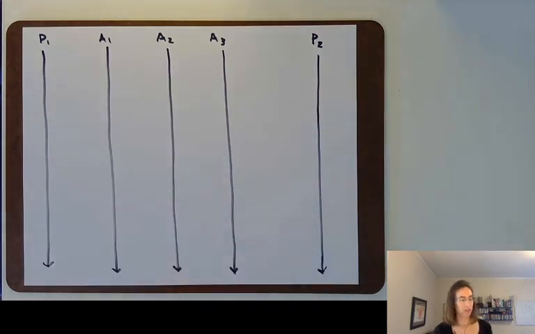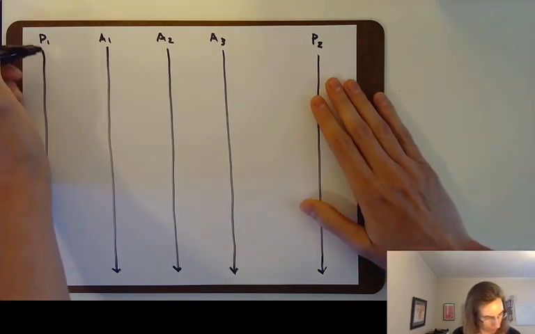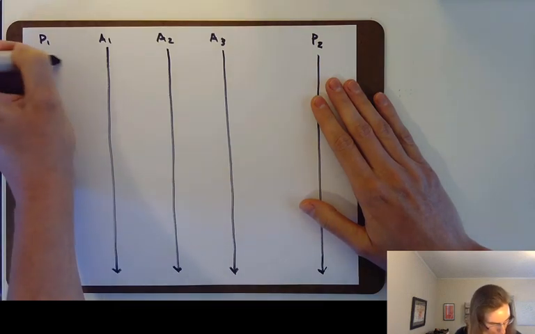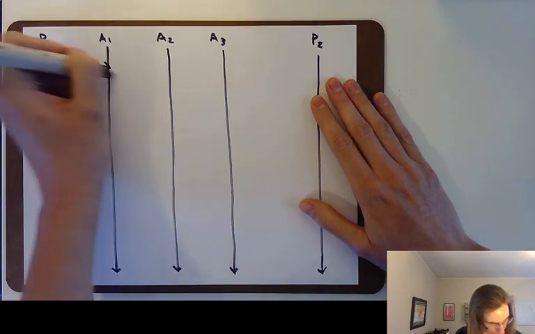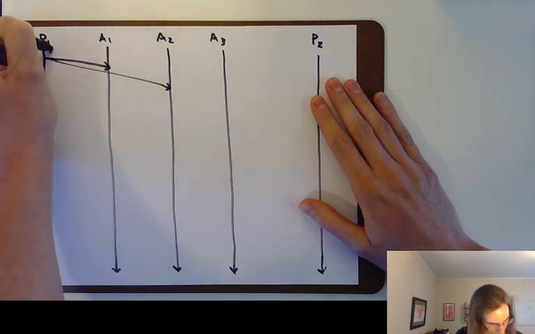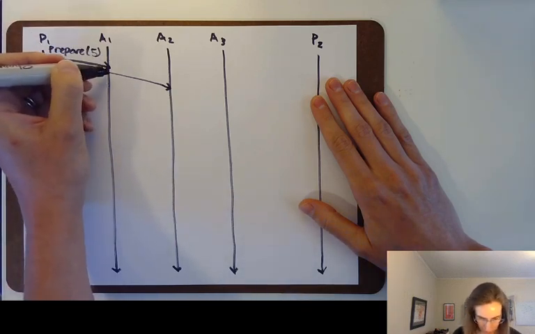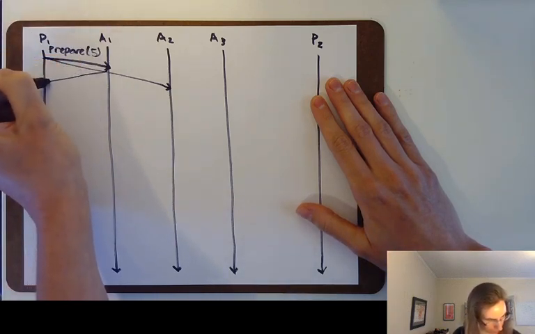Okay, so let's talk about what would happen in a few situations here. Let's say that proposer 1 sent out a prepare message with proposal number 5. And we'll say that we got the promises in response.